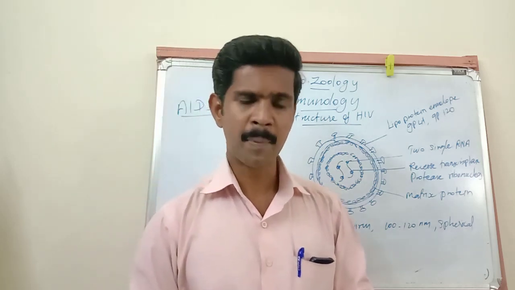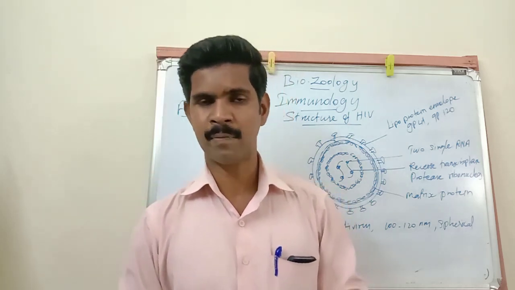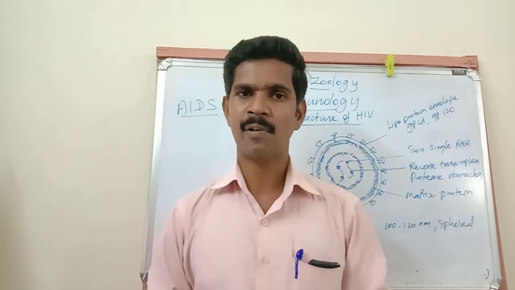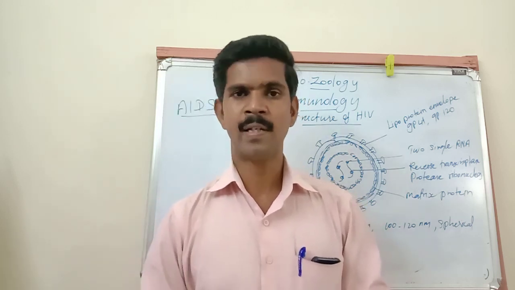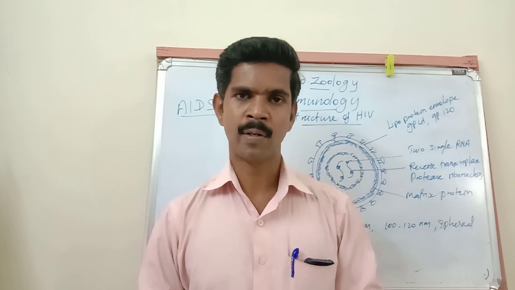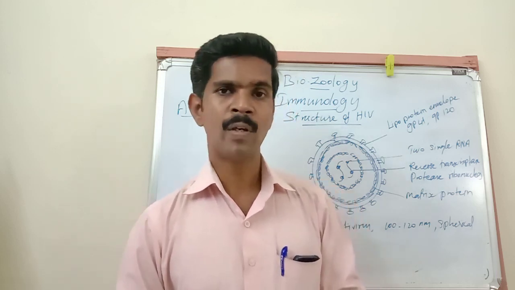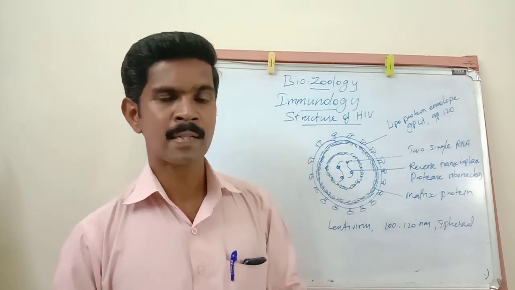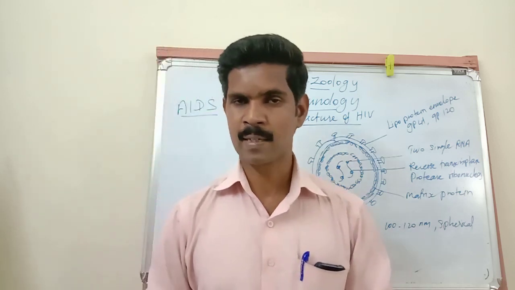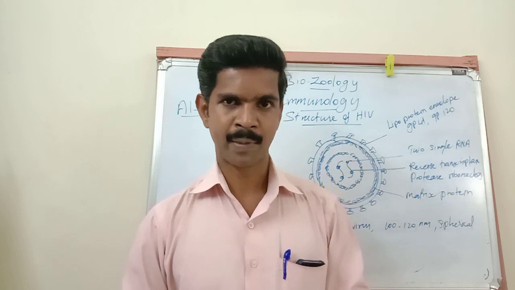Then, based on the antigens of this HIV virus, HIV is classified into two types, type 1 HIV and type 2 HIV. Now we are going to study the structure of this HIV virus.